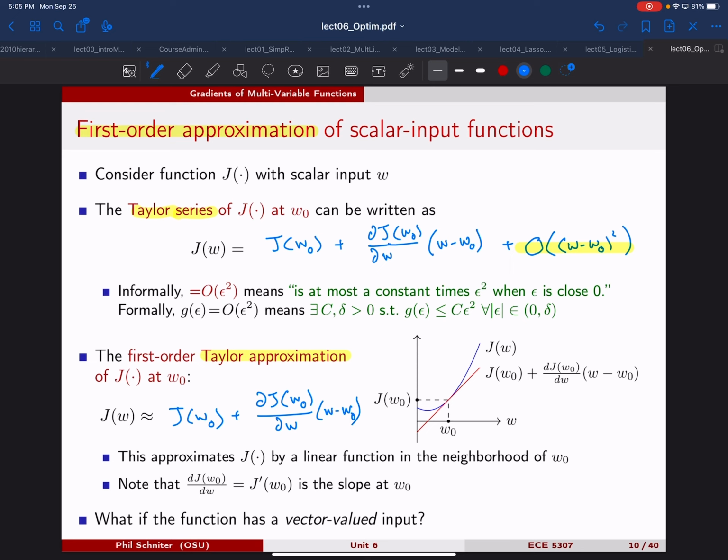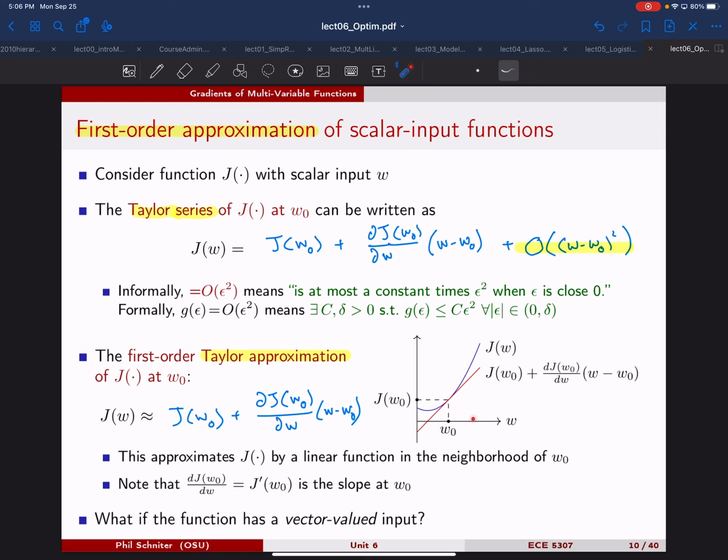And the picture probably tells the story pretty well. So this blue curve is your J as a function of W. This is your reference point, W naught. At that point, you can take the slope of the function. That's this. And now you can see that the linear approximation, this red curve, is basically the best linear fit to that blue function at that point.